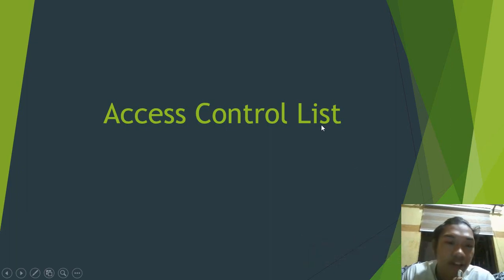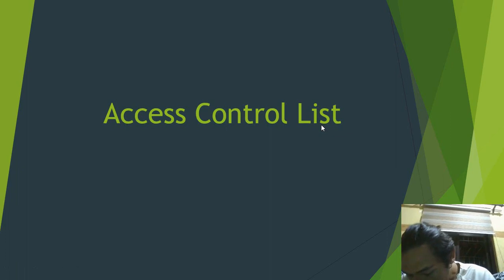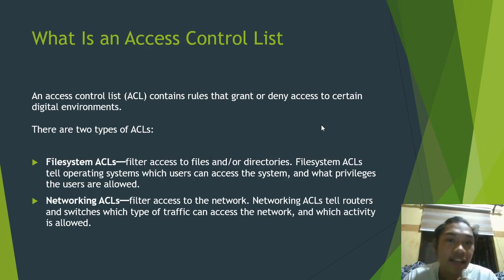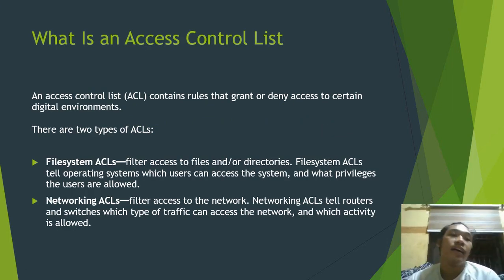So here we are at the last topic, the access control list. What is an access control list or ACL? An access control list contains rules that grant or deny access to certain digital environments. There are two types of ACLs, file system and networking. File system ACLs filter access to files and directories.